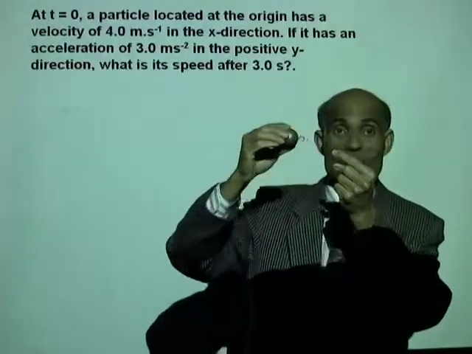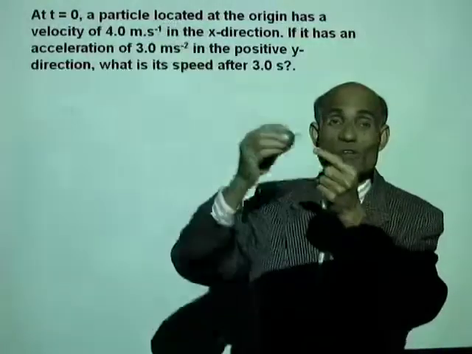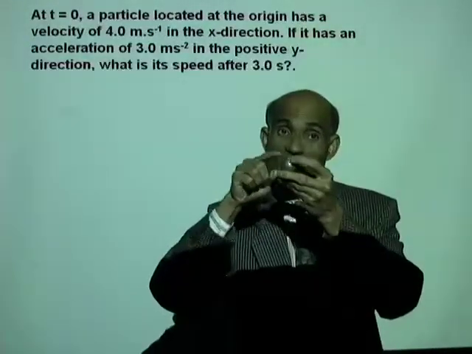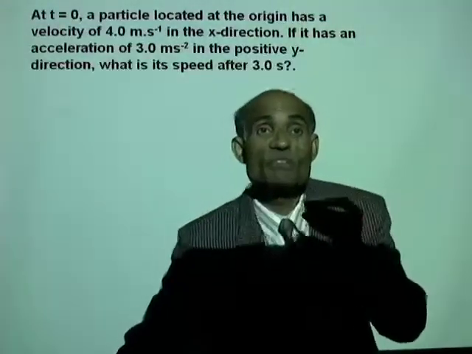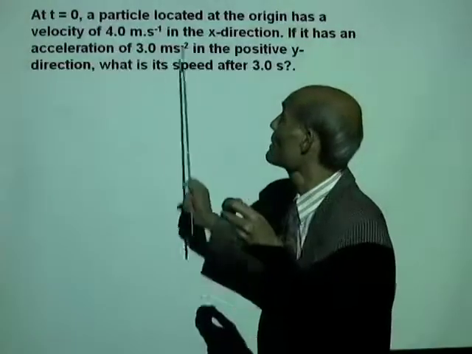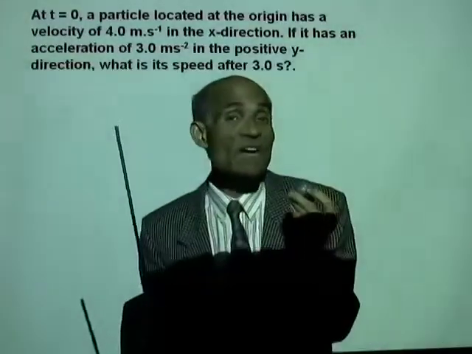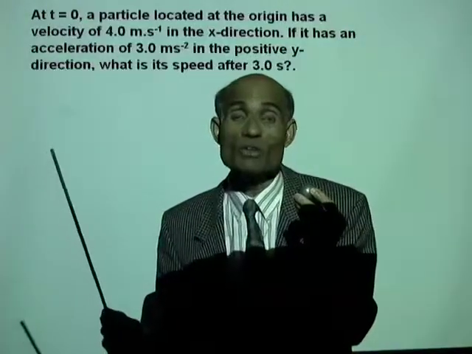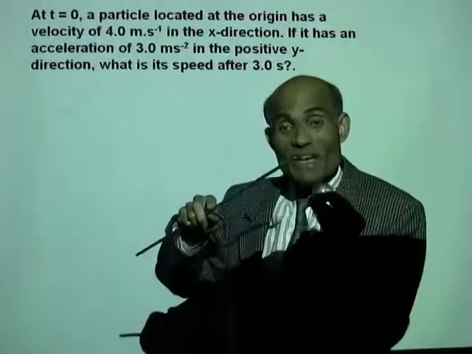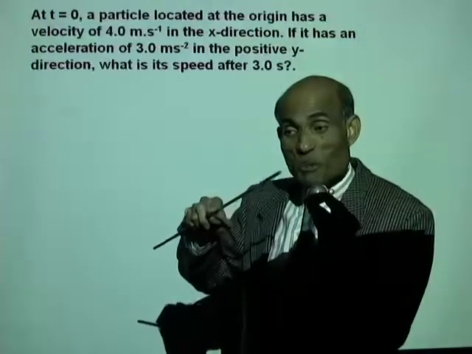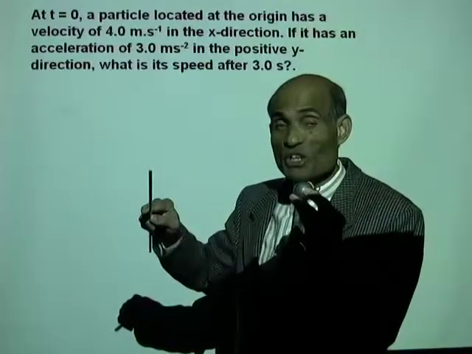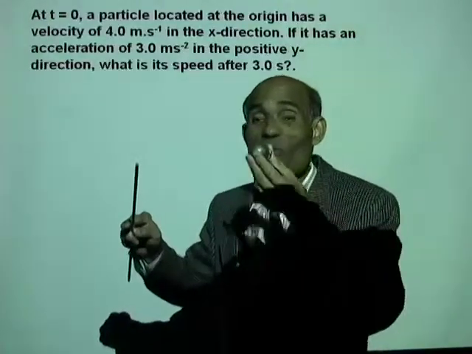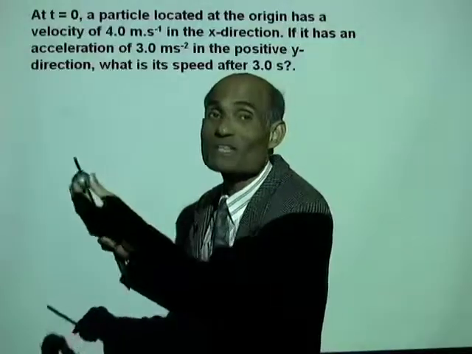So how will the object move? It will move horizontally in the x direction with this velocity, 4 meters per second. Is there an acceleration in the x direction? No. So the displacement in the x direction will be simply the velocity multiplied by time.